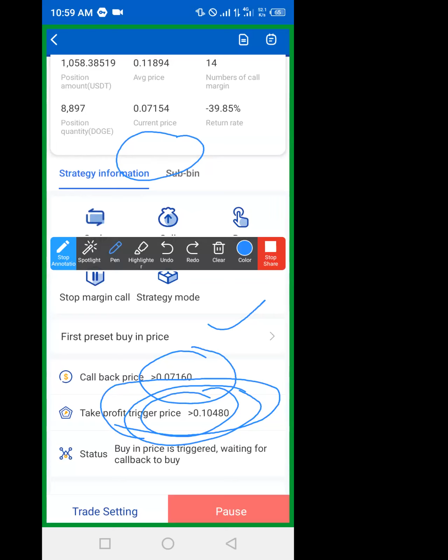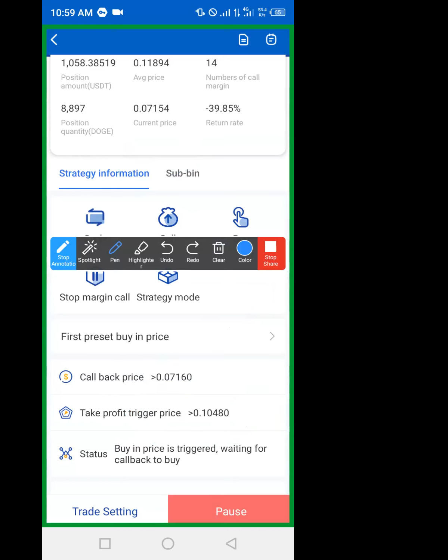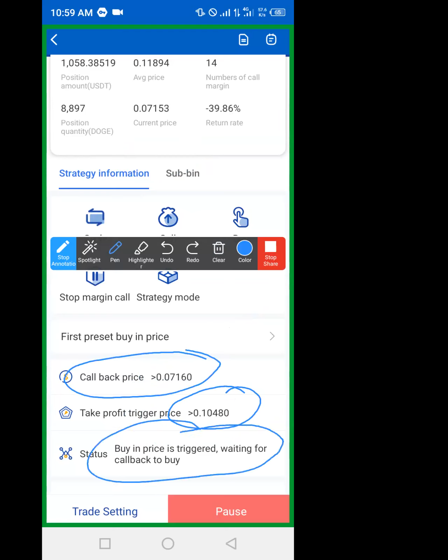The selling price for the 14th margin call is not going to change because the 14th margin call was bought already. Now our issue is about the buying of the 15th margin call. The buying price is triggered, waiting for callback buying. So we are waiting for this one to move from 54, then it goes to 60, we buy the 15th margin call. Are we there?